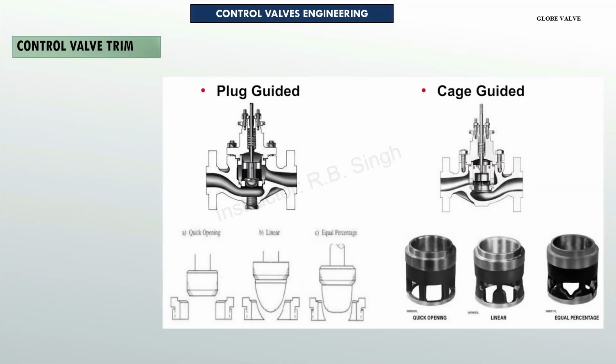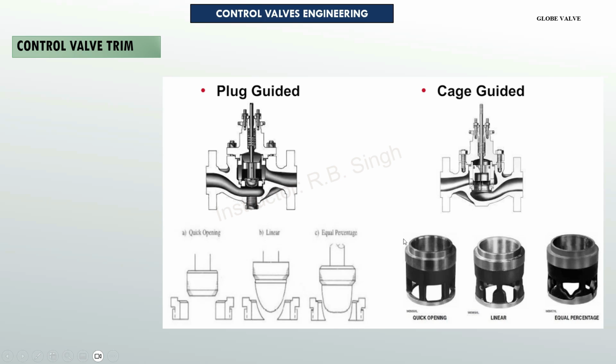Based on the characteristics, we have the design of the plug. This is the plug guided and this is the cage guided. For the plug guided, if we talk about quick opening, then our plug will be like this. For linear operations, we have these types of plug design, and for equal percentage we have these types of design.